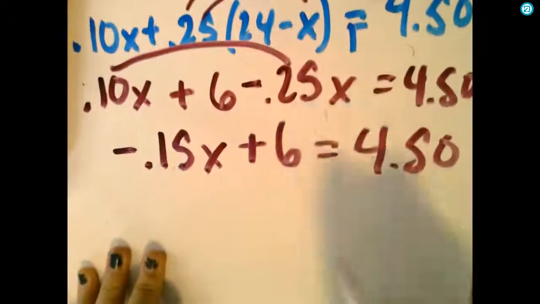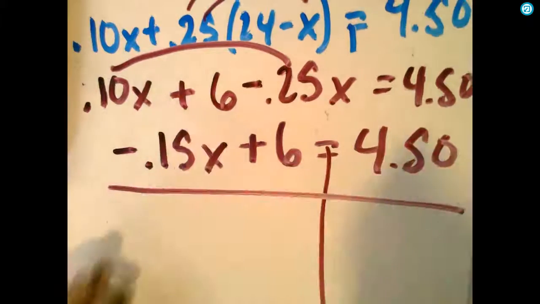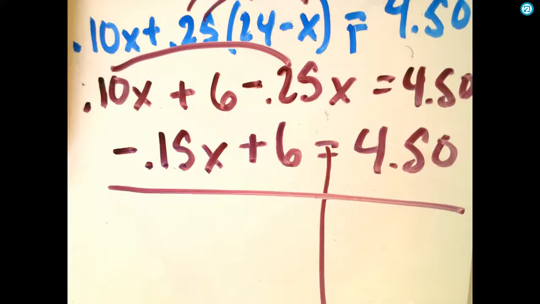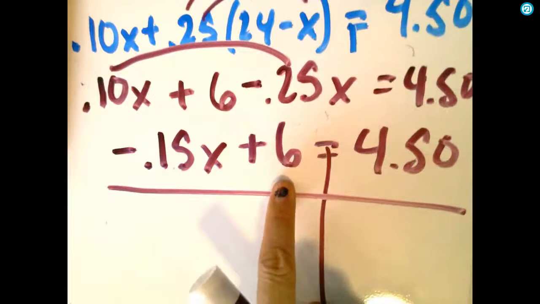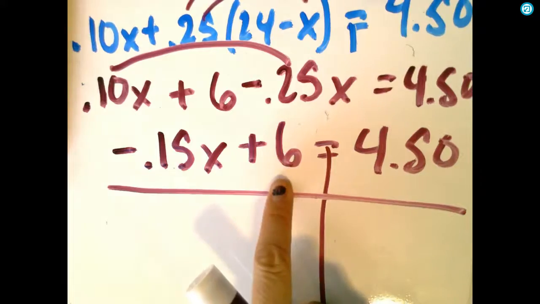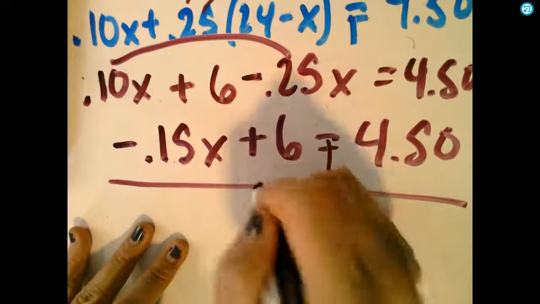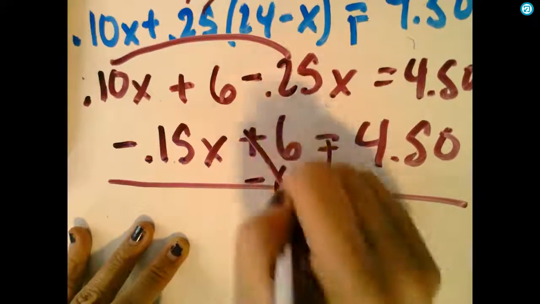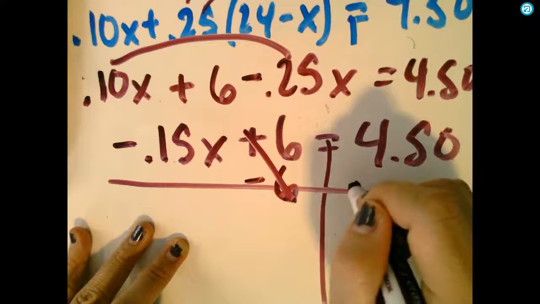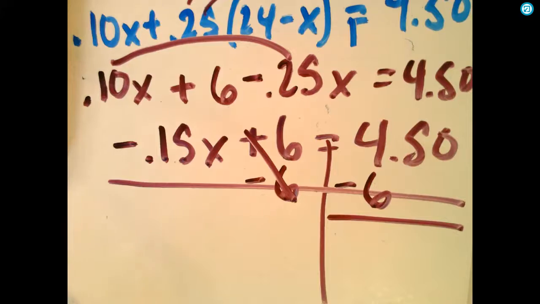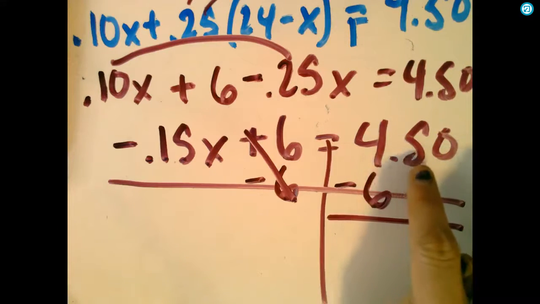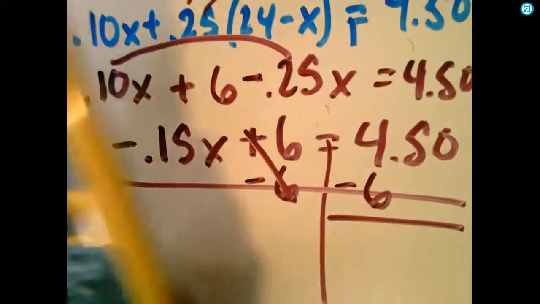All right, so now I can start solving. Now I think we've simplified everything that we can. We're trying to get x by itself, but first we need to get rid of the 6. So I'm going to subtract 6 because right now it's being added. So 6 minus 6 is 0. 450 minus 6, that's going to be a negative because this is $4.50 minus 6.